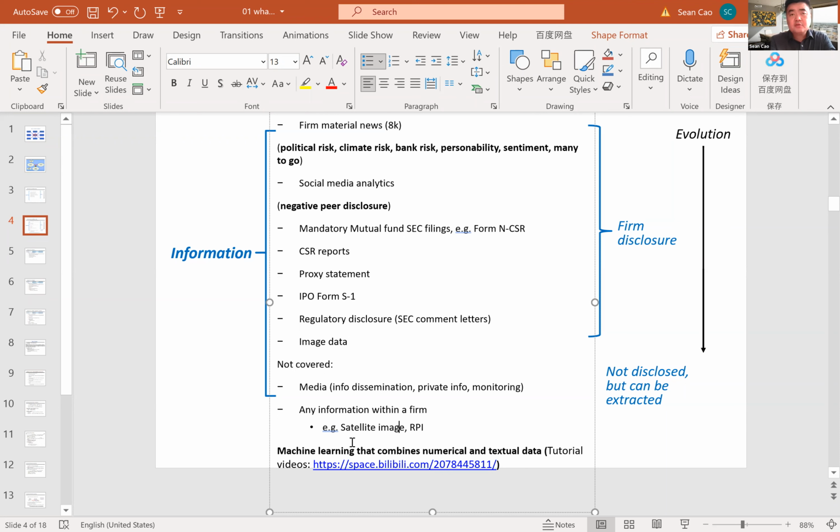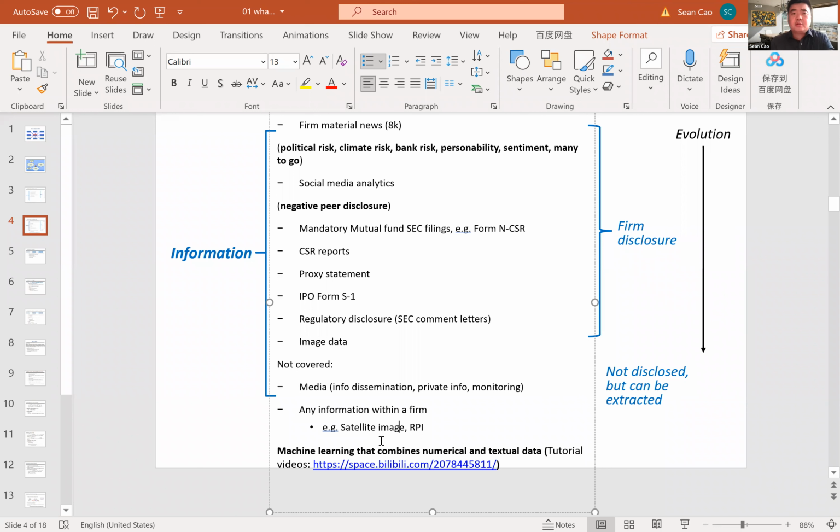There is some data you don't have access to. The data I was talking about is useful. For example, if you use the satellite to monitor the Walmart parking lot traffic, you can use it to predict Walmart's future sales and performance.